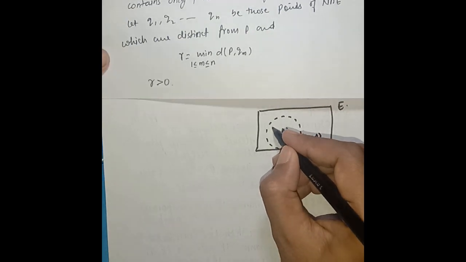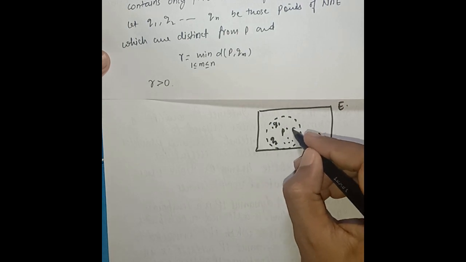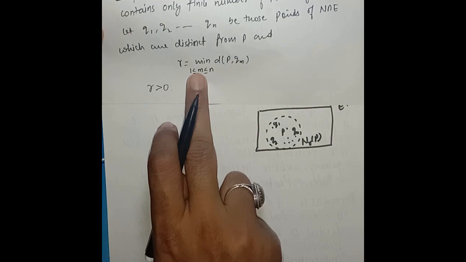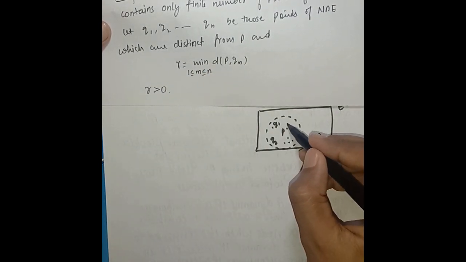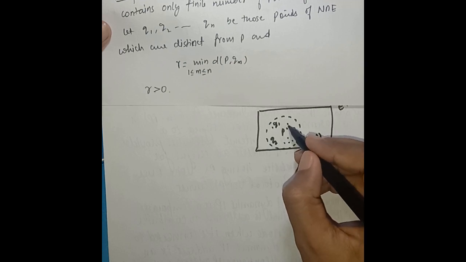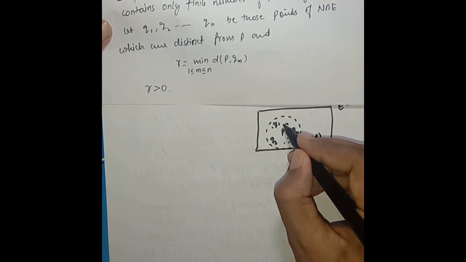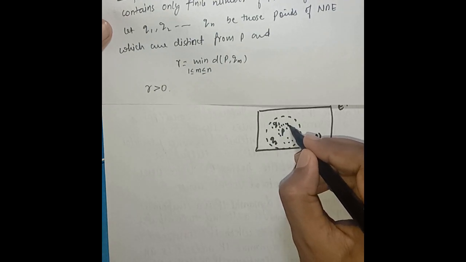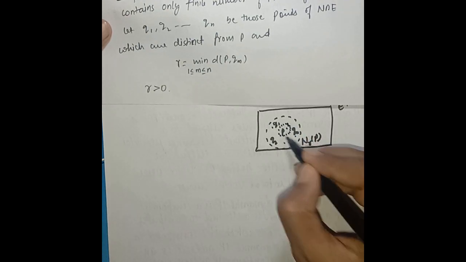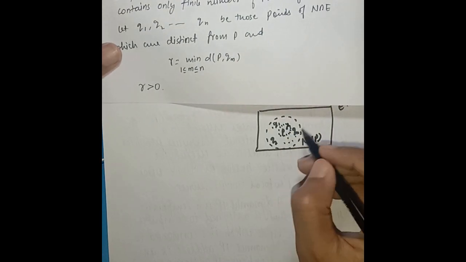The points are, suppose, Q1, Q2 and so on up to Qn, and we take the minimum distance between P and Q. Suppose this point is the nearest point, and no point is nearer to P in this neighborhood.